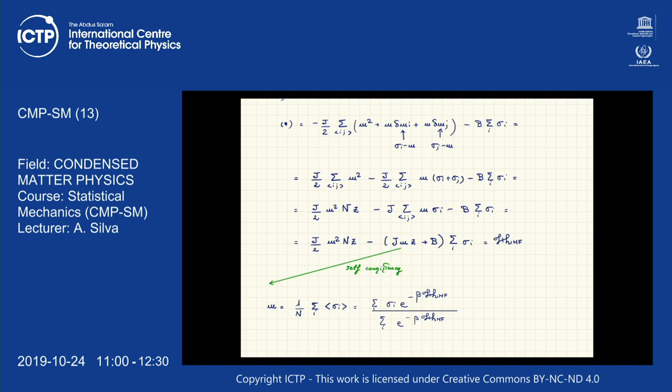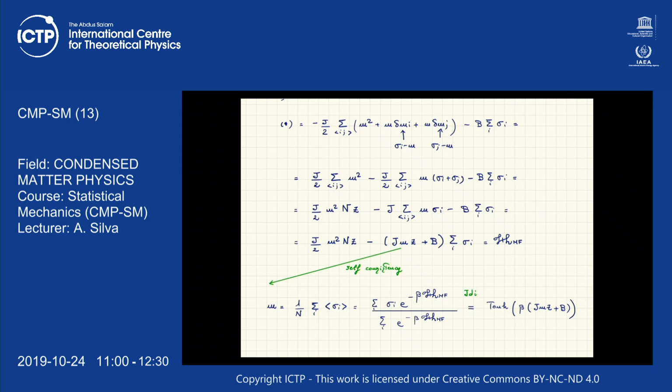If you're not convinced, you are more than welcome to just do it. And you will get the result tangent hyperbolic of beta times j n z plus b. Okay?